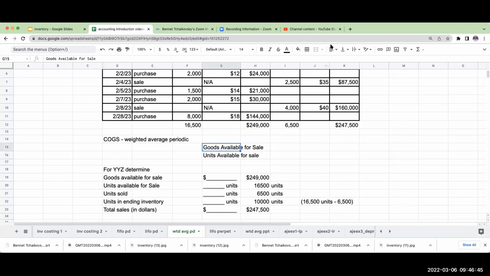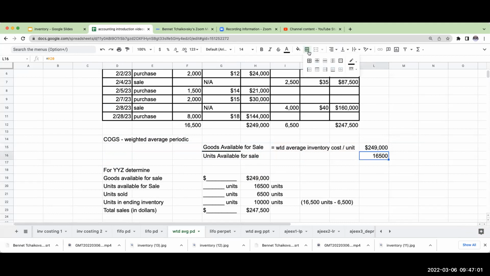This is going to give me a weighted average inventory cost per unit. So when I take 249,000, which is my goods available for sale, and divide this by 16.5, I know I'm going to get some kind of crazy fraction, but let's just do it anyways.